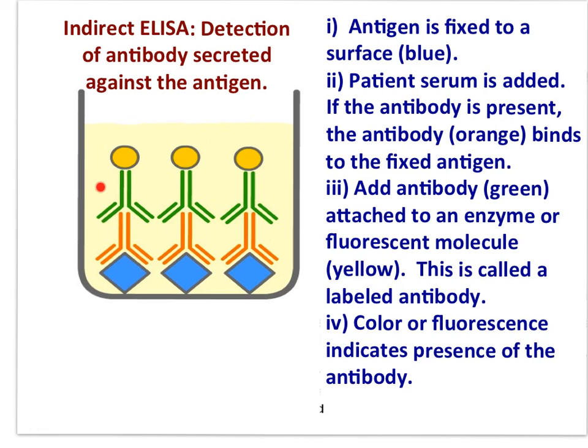Then a labeled antibody is added, seen here as green. The labeled antibody binds to the blood serum antibody. The labeled antibody has an enzyme or fluorescent molecule attached that allows technicians to view a positive test.